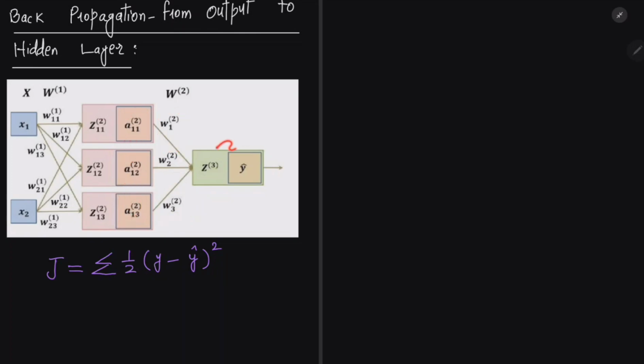We again apply the activation function. So W2 shows that all the weights are accumulated in W2. Okay. So J will be equal to (y minus y hat) whole square. This is just an error.